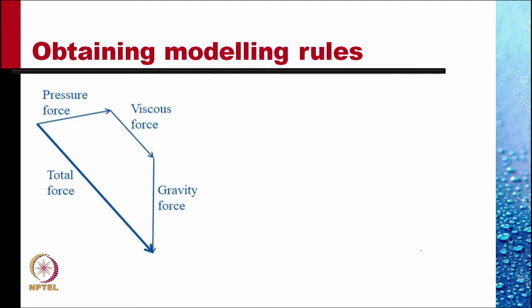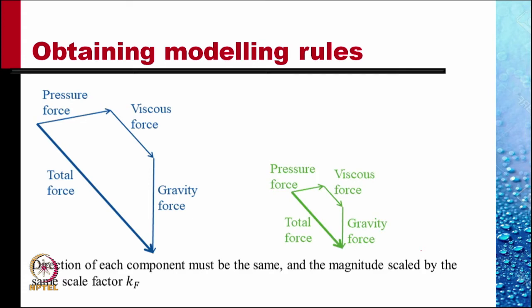Thus, if the total force in the prototype is the sum of these three forces: pressure force, viscous force, and gravity force, the vectorial sum of these gives the total force. Then in the model, every force would be scaled by the same scale factor, their directions remaining the same.